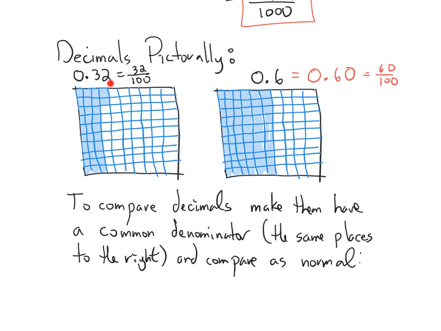So here is 32 hundredths. We add a 0 to the right of 0.6 to get 0.60, which represents 60 hundredths. Then we can easily compare which decimal is bigger.